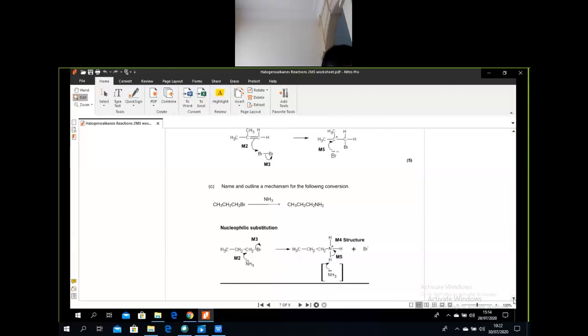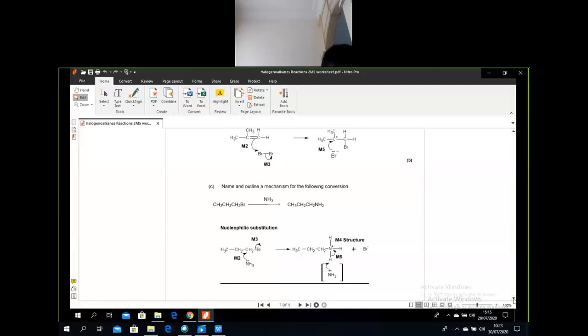And now C, name and outline a mechanism for the following reaction. It is bromopropane reacting with ammonia to form propylamine. Then we have to draw the mechanism.